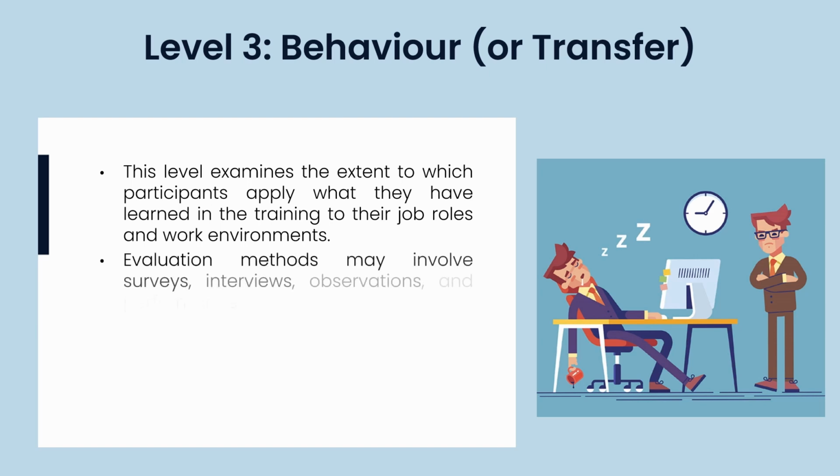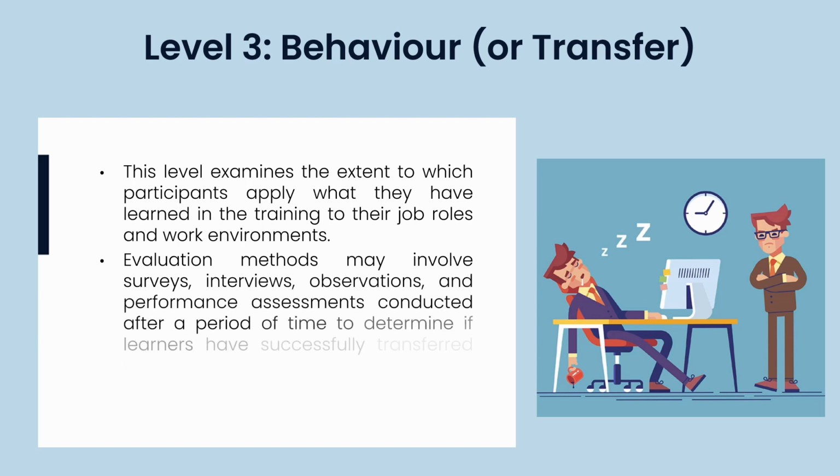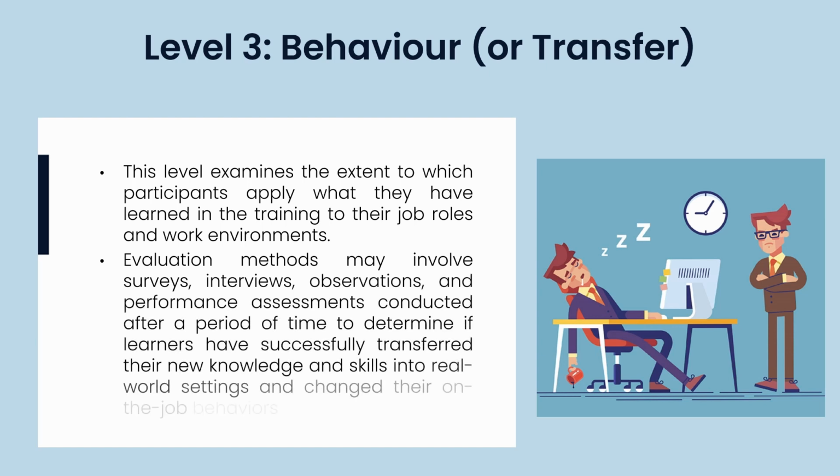Evaluation methods may involve surveys, interviews, observations, and performance assessments conducted after a period of time to determine if learners have successfully transferred their new knowledge and skills into real-world settings and changed their on-the-job behaviors accordingly.